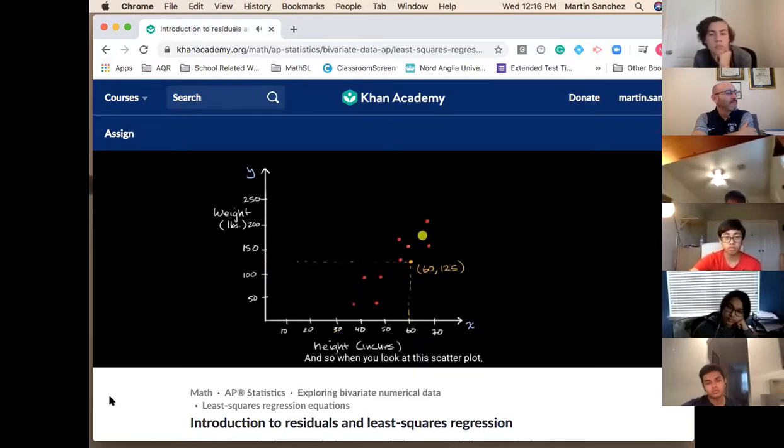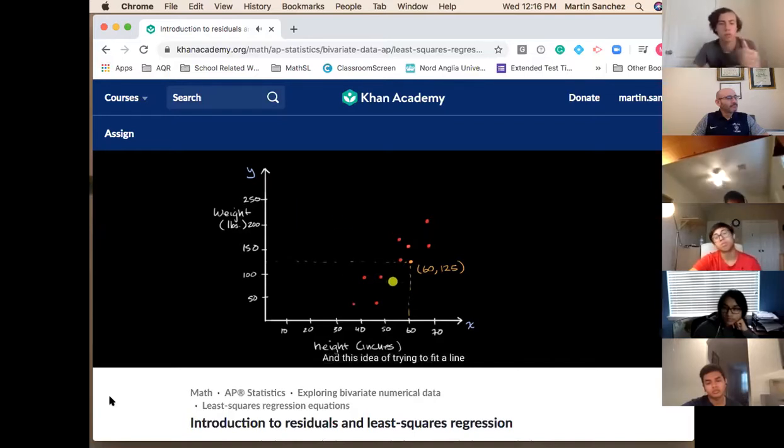And so when you look at this scatter plot, your eyes naturally see some type of a trend. It seems like, generally speaking, as height increases, weight increases as well. But I said generally speaking, you definitely have circumstances where there are taller people who might weigh less. But an interesting question is, can we try to fit a line to this data?